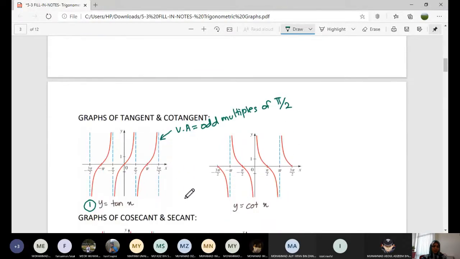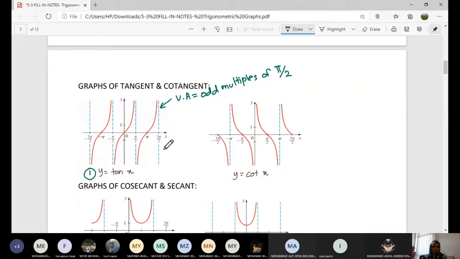So every time we have 3 pi over 2, pi over 2, negative pi over 2, negative 3 pi over 2, negative 5 pi over 2, negative 7 pi over 2, and so on, it will be a vertical asymptote. It means that the graph cannot cross the vertical lines. This is the shape of the tangent.